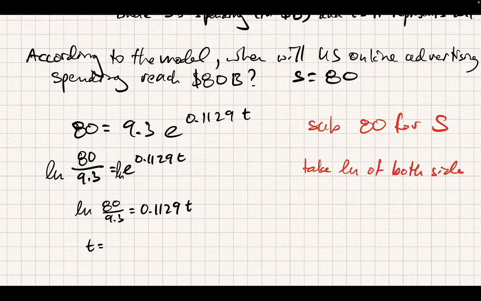This is the inverse property. T equals natural log of 80 divided by 9.3, all over 0.112.